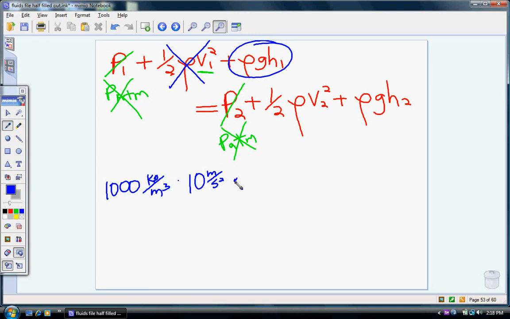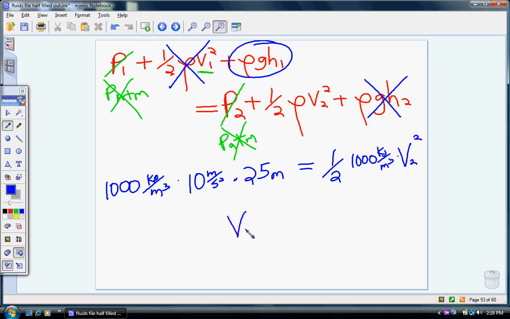And what is that? That's the 25 meters. Now on the right-hand side, the height is going to be 0 because it's basically down on the ground. So that's going to be equal to 1/2 times the density, 1,000 kilograms per meter cubed, times that velocity by the faucet squared.